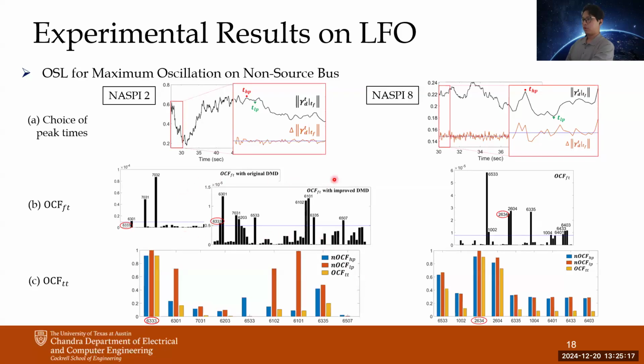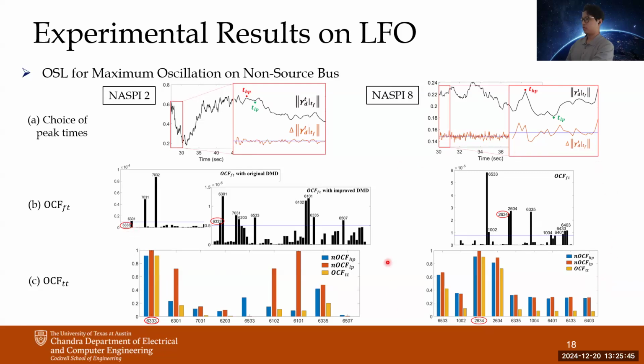And from this figure, you can also compare the results from the original DMD and the improved DMD. When we use the original DMD, we can see that the source bus has an extremely low OCF active value, so it cannot exceed the minimum screening standard, which is used in the first stage of the oscillation source location to find the oscillation candidates.